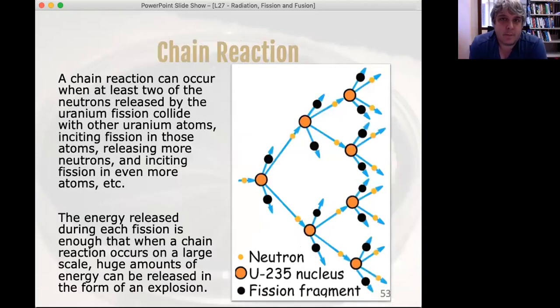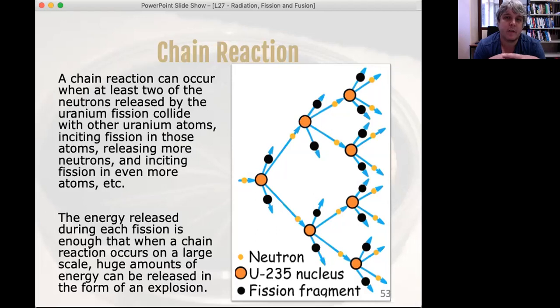When a uranium nucleus receives a neutron, deforms, splits, and gives off 3 more, you now have 3 more energetic neutrons that can go off and hit another nucleus. And then each of those will deform and give off 3 new neutrons.